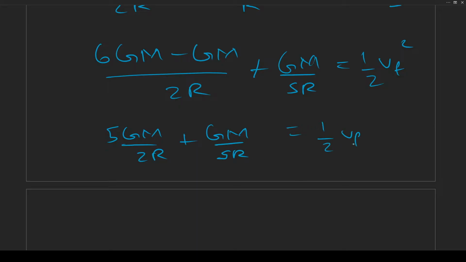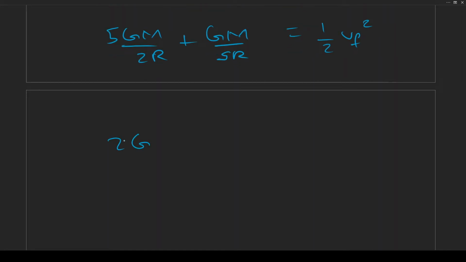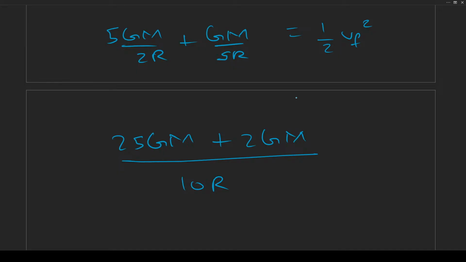Make the LCM: 25GM, actually it is 25GM plus 2GM by 10r, which is equal to half vf square.